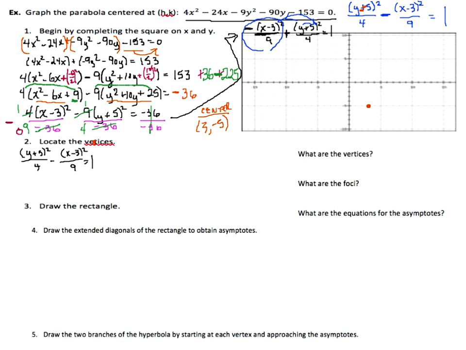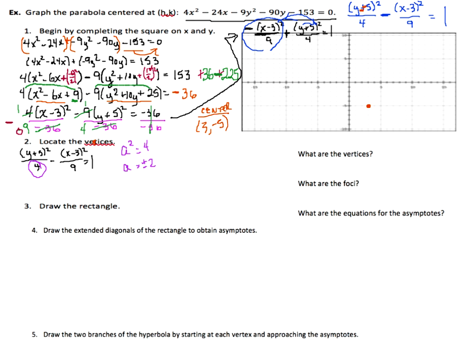Okay, so my a value, don't forget, it always sits in the first slot, no matter if that's a y or an x term. So a squared is equal to 4, which means a is positive and negative 2. Now, these aren't the points 0, negative 2, and 0, 2.